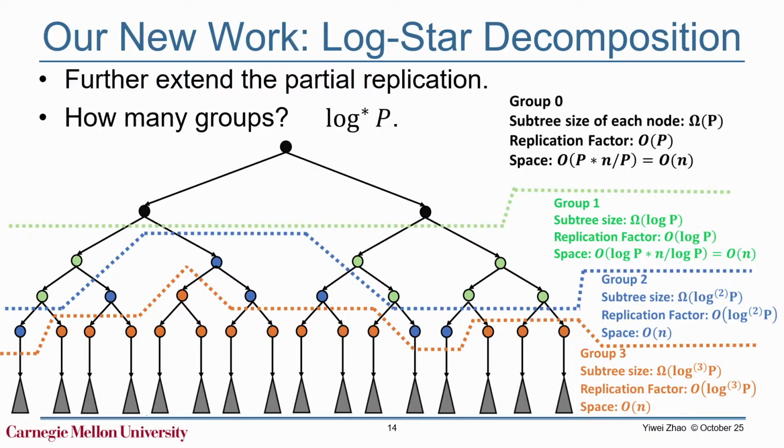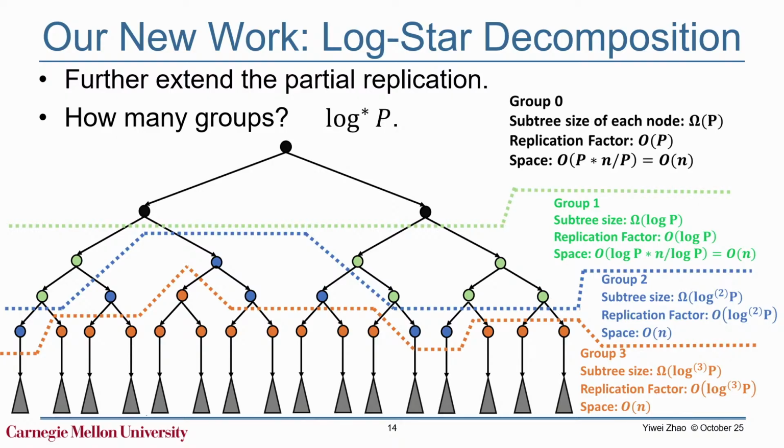In group 1, group 2, group 3, we just replicate the partial descendant subtree onto the same PIM local memory as what the shadow subtree does. And in each of the groups, for instance in group I, the subtree size of each subtree that lies in this group is order of log applied I times P, so the replication factor is also this number.